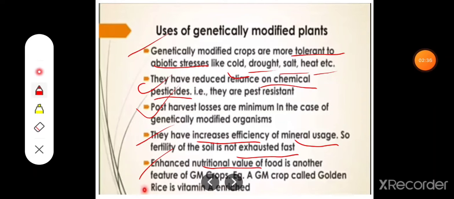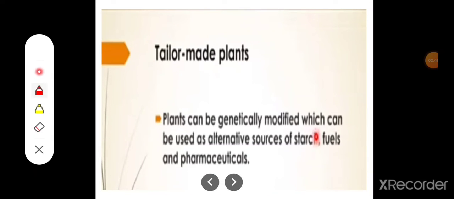Clear? So okay, now let us move on to the next one, which is called tailor-made plants. So what are these tailor-made plants? In addition to these uses, genetically modified plants have been used to create tailor-made plants. Okay, so these tailor-made plants can be used as an alternative resource to industries. We can use these plants as alternative resources or sources for industries.